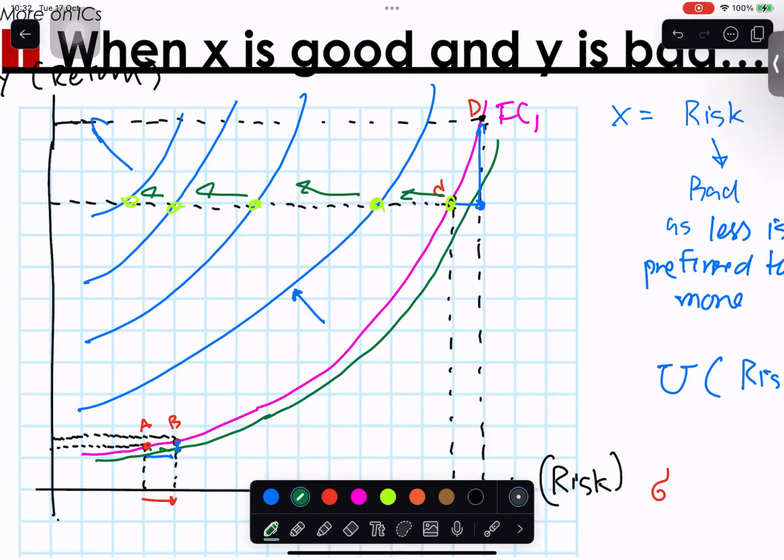If we fix return and we make the port less risky, this guy gets happier. He jumped to the higher indifferent curve, this horizontal looking, given the same level of return. If the level of riskiness is reduced, happiness improved.